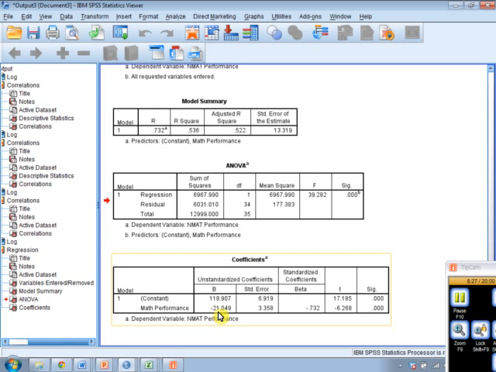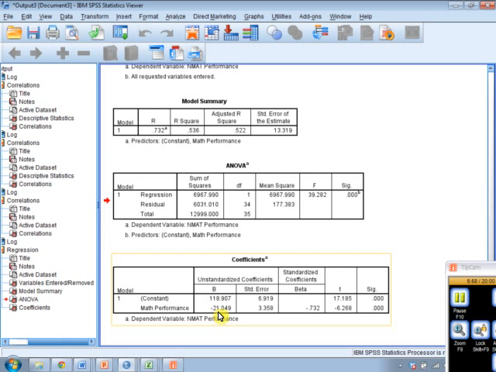Between a grade of 1 and 2, 1 is higher. So in essence, when you improve your math in terms of equivalent, the NMAT increases by 21. And this is percentile rank, remember?